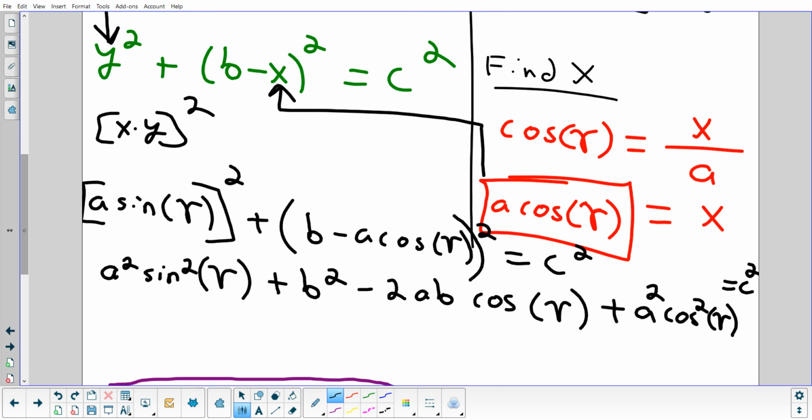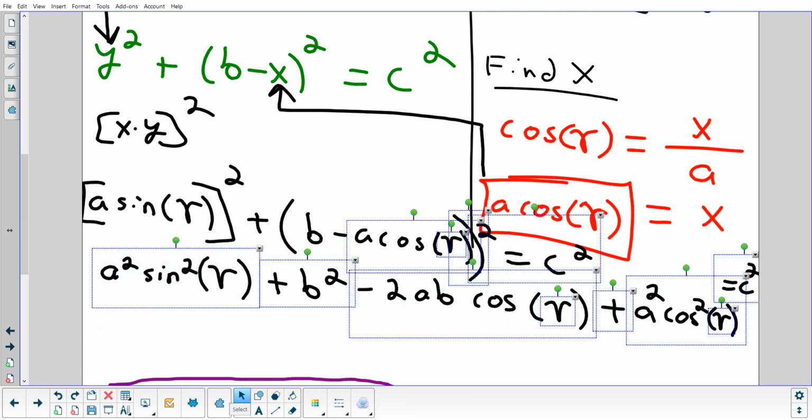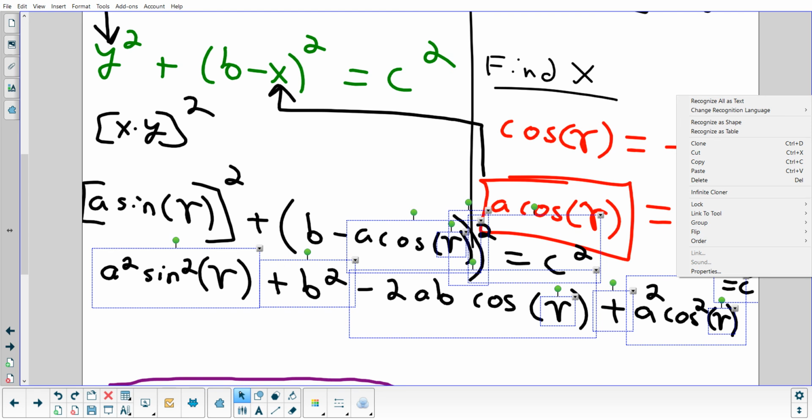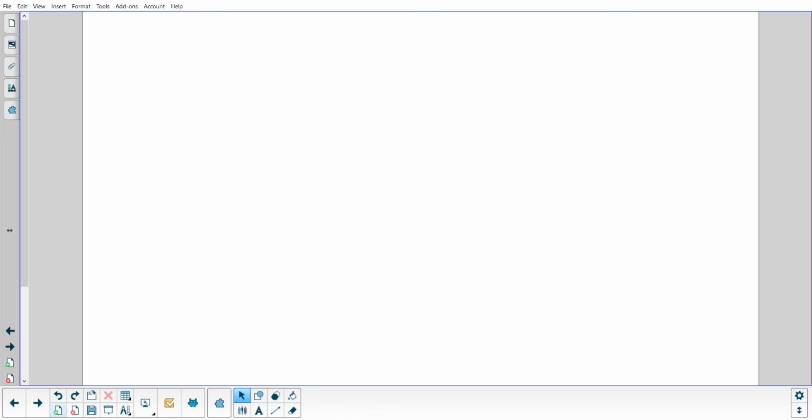All right, now there's some things here that are going to simplify a little bit. Just so I have a little more space, I'm going to copy and paste. We're almost at the last step.